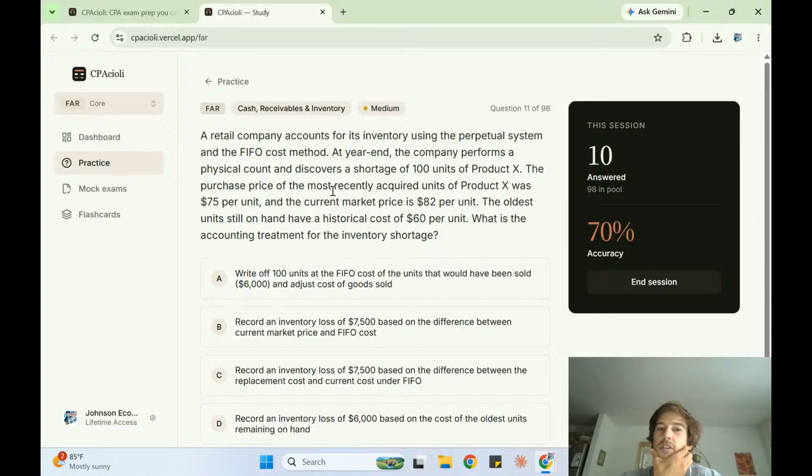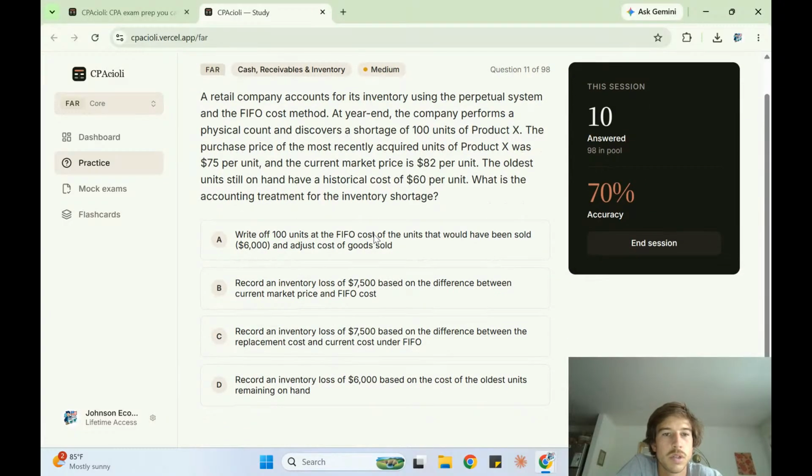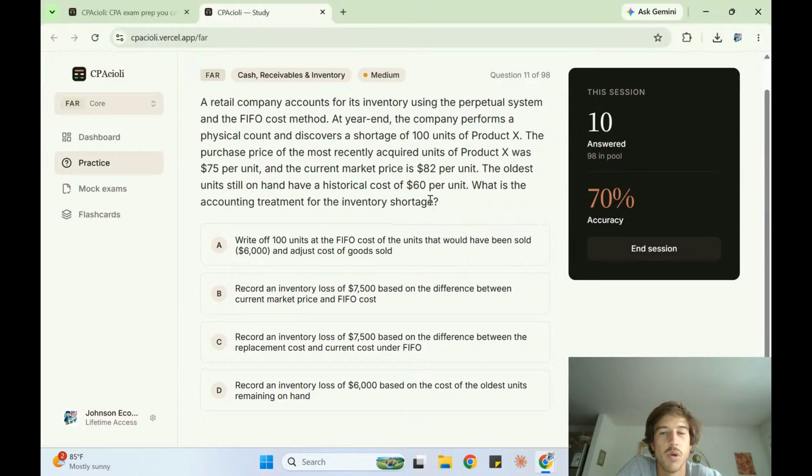Perpetual system, FIFO cost method. Okay, it's either A or D because they're using FIFO. So these are the oldest.